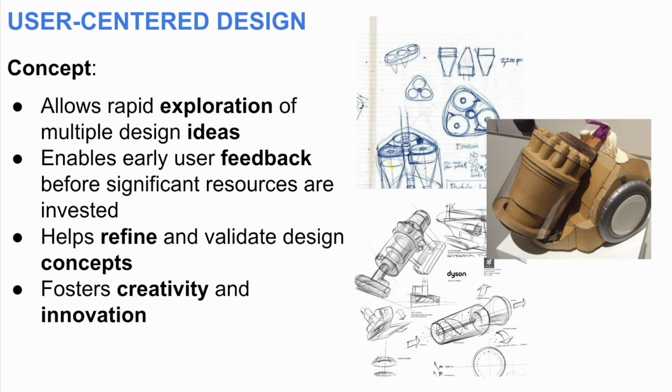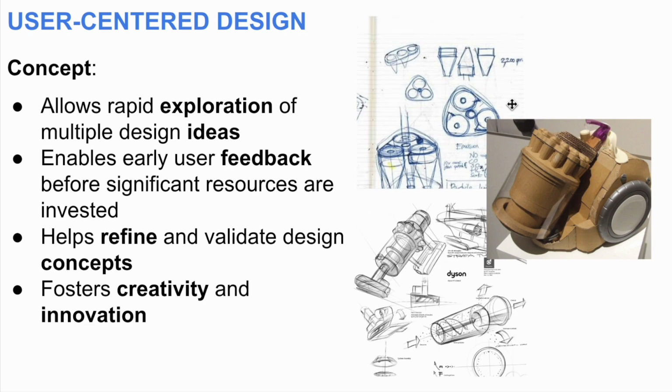When we talk about concepts, we're talking about how this allows rapid exploration of multiple design ideas. It enables early user feedback before significant resources are invested. It helps refine and validate design concepts, and it fosters creativity and innovation. Essentially we're talking about getting your ideas down on paper. This is a famous example here.